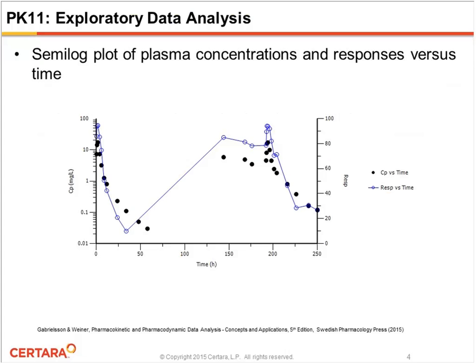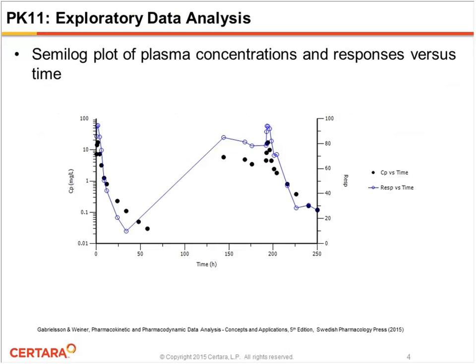Now, if we come to the data itself, this is the data in one plot. I've overlaid the PK data, the concentrations with black dots and without a line, with the PD data, the responses in blue.